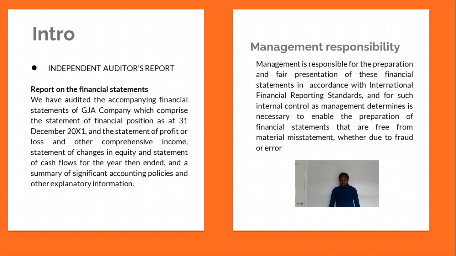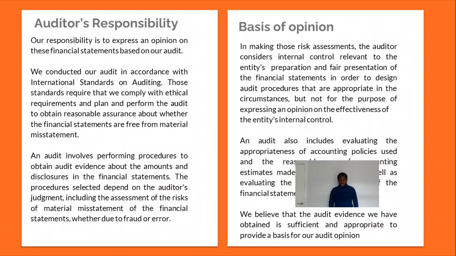Must be stated. Then our responsibility. Our responsibility is to express an opinion, independent opinion for that matter, on these financial statements based on our audit. Don't forget, based on our audit.